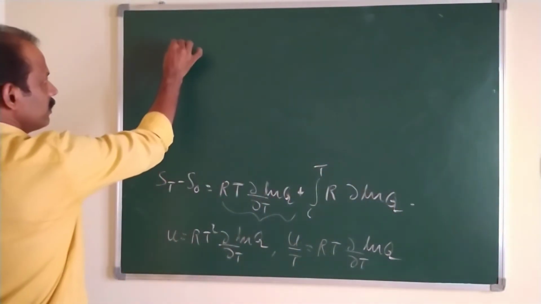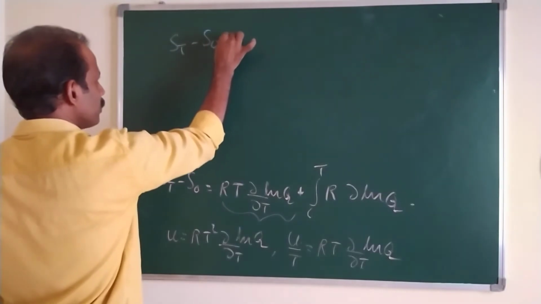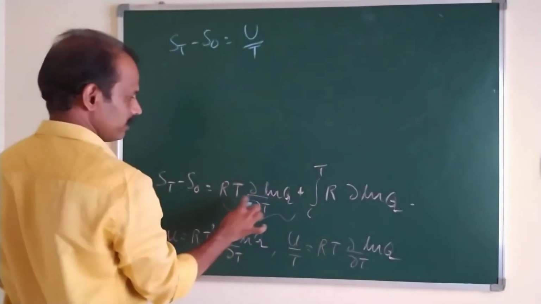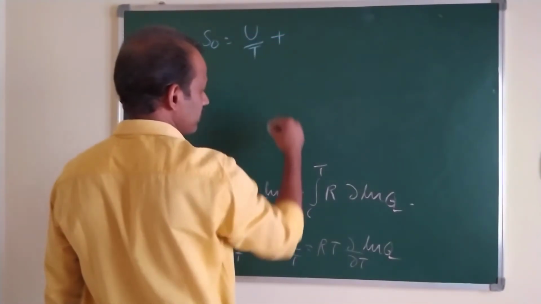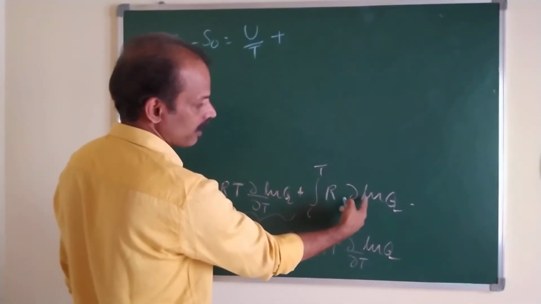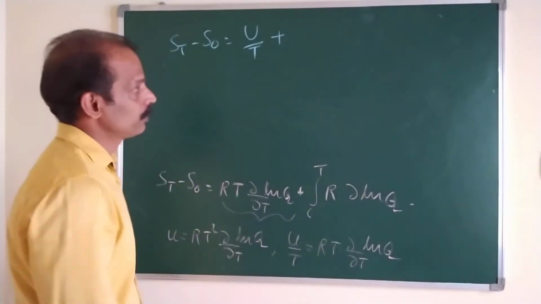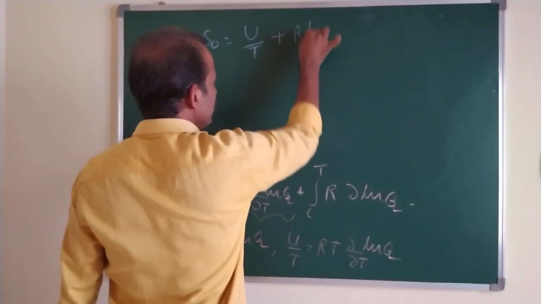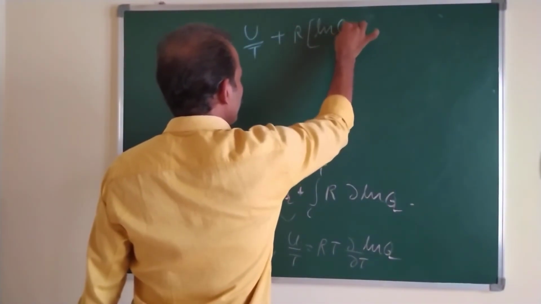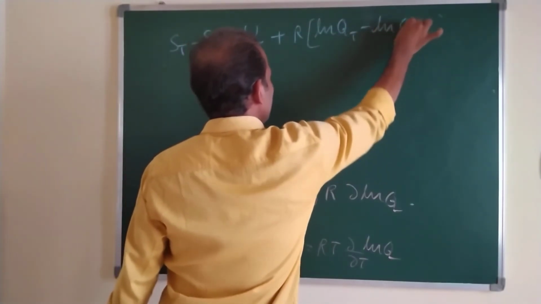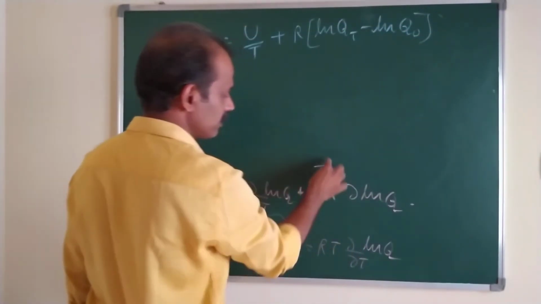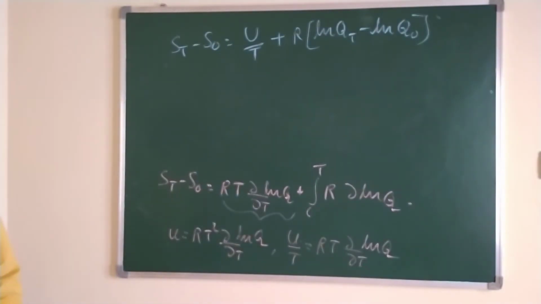So our equation becomes St minus S0 is equal to U/T plus the integral of d ln Q, that is R into ln Qt minus ln Q0. We are applying the limit, we get ln Qt minus ln Q0.